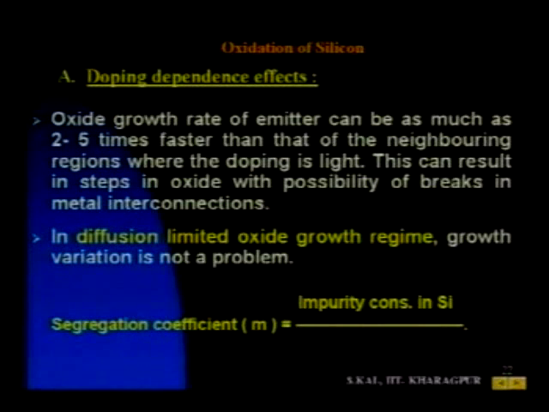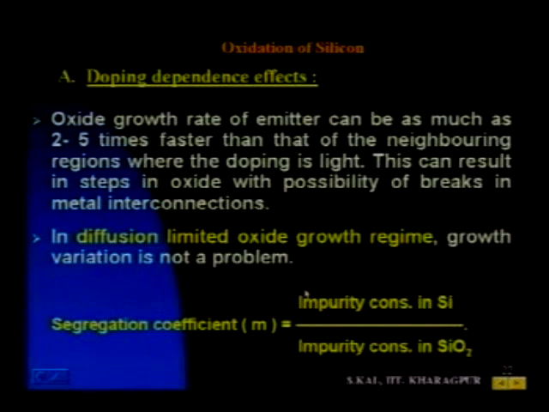Next, we will define one parameter which is known as segregation coefficient. Just now I told you that the oxide growth depends on the type of dopants, but I have not mentioned the reason. The reason is coming from the segregation coefficient of the different types of dopants.